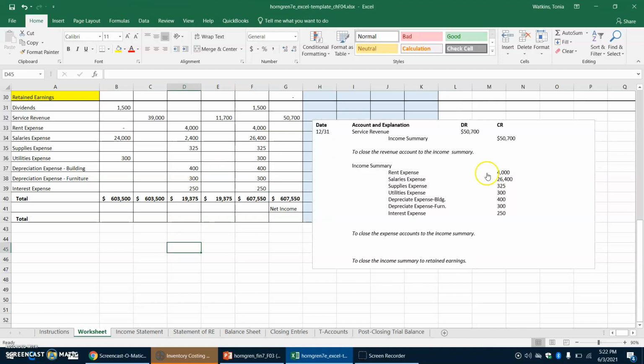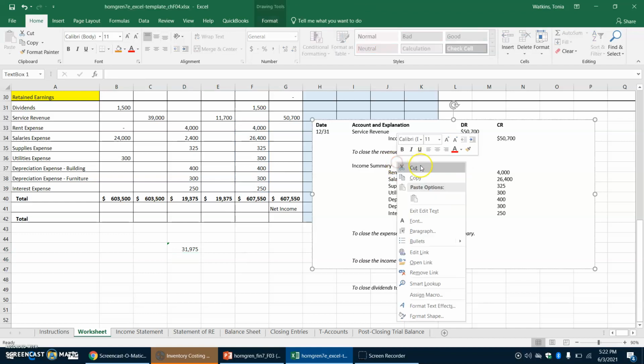So now I need a sum. I need to sum up all these numbers, so you can use a calculator. I'm just going to take a total of all of my expenses, starting from rent all the way to interest.